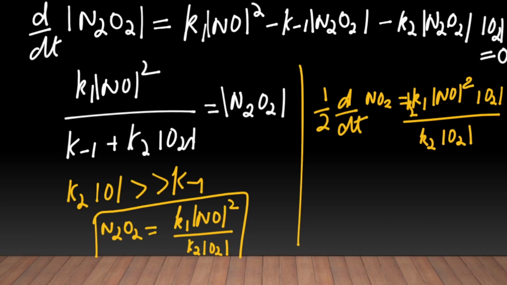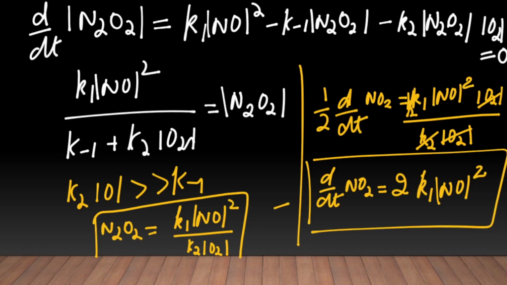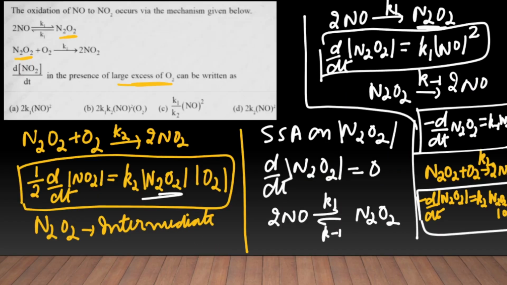This is what it is becoming. So k2 and k2 will get cancelled out, O2 and O2 will get cancelled out. So d[NO2]/dt will be equal to 2 times k1 into [NO]^2. This is going to be the final rate expression for the formation of NO2. So the answer becomes 2k1[NO]^2, and option A becomes the correct answer for this.